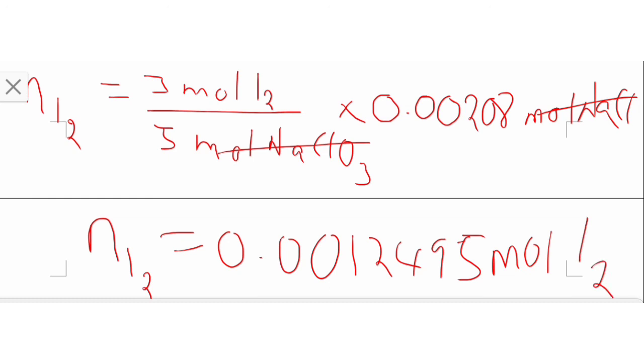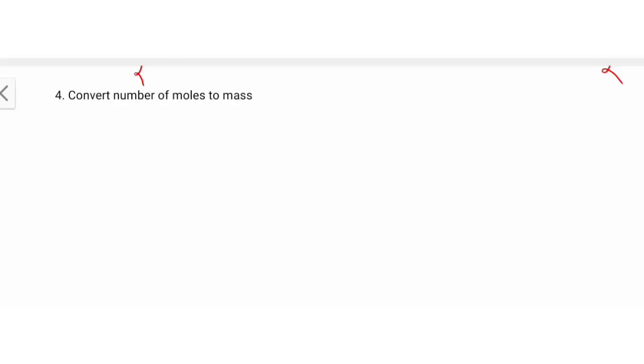This is the number of moles that we're getting for iodine. So step number 3 done. Since we have the number of moles for iodine, we can convert the number of moles of iodine to mass.